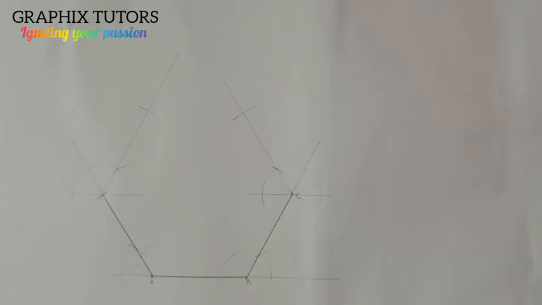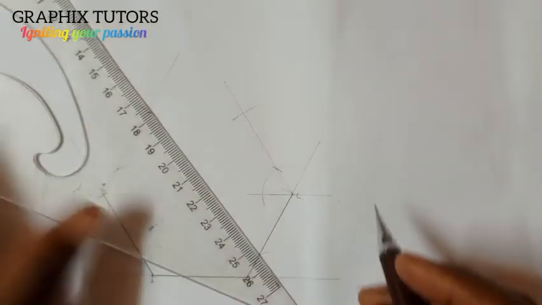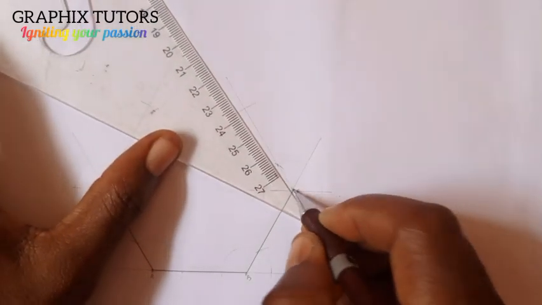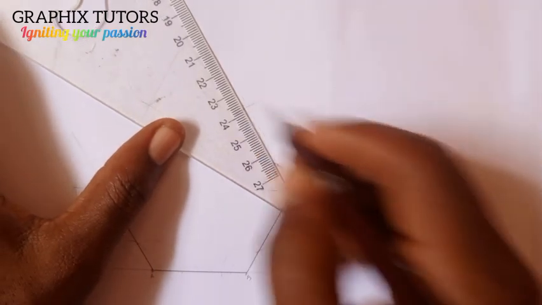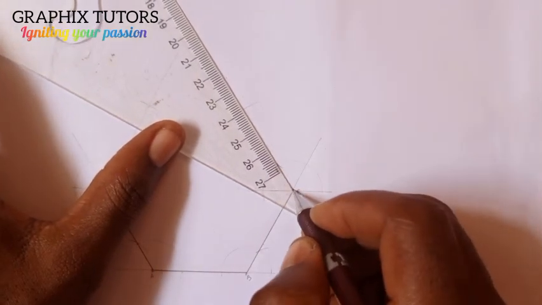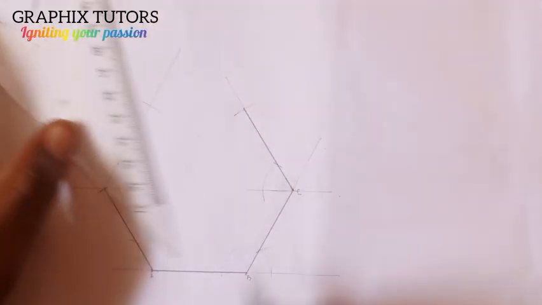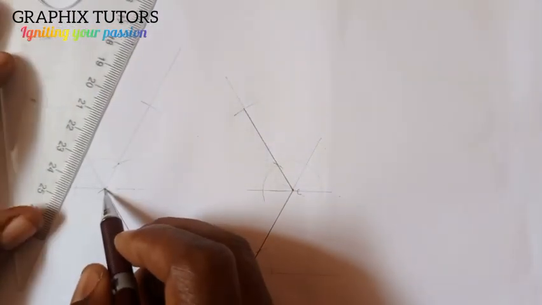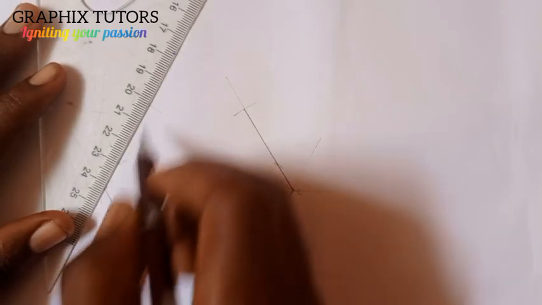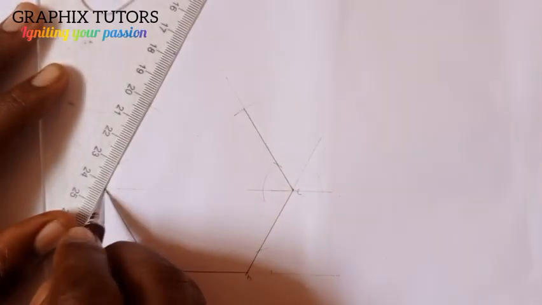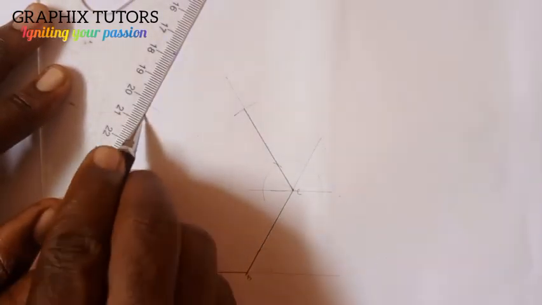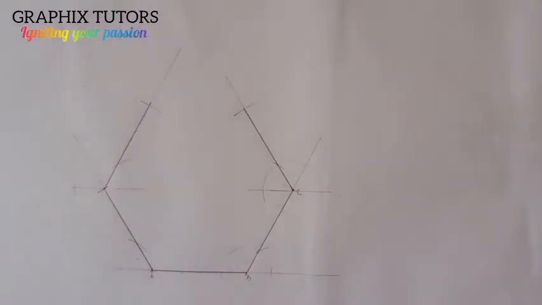Now I'm going to thicken it. So in thickening it, this point to this point, like this, right? And in thickening it to this point, I have this. You can see that?